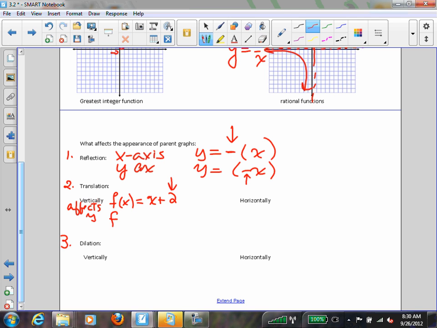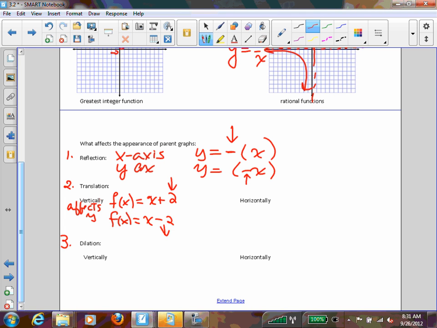Or I can do f of x is equal to x minus 2, which means I'm going to go down 2 units. This should be completely okay with that. We did this with parabolas, right? We just did these with absolute values. If we add something at the end, we're moving it up or down depending on what the sign of it is.